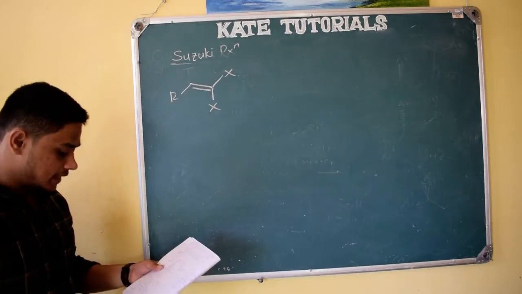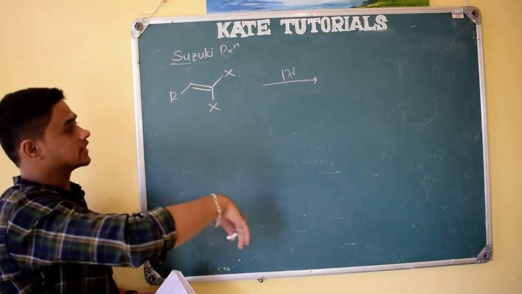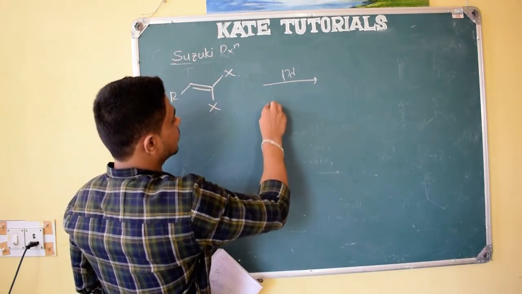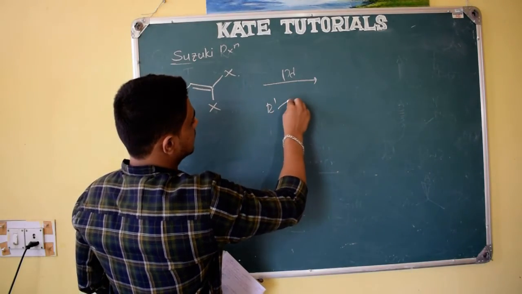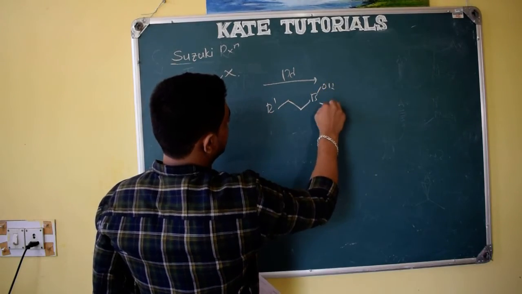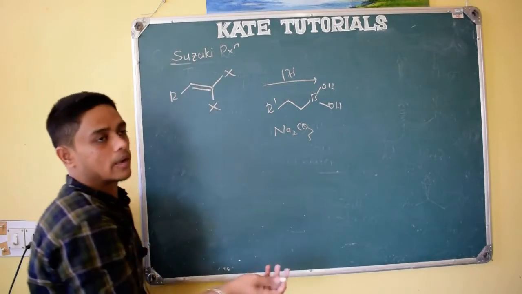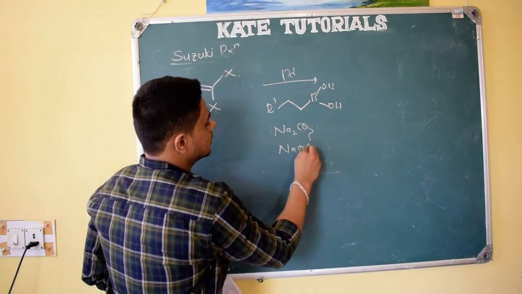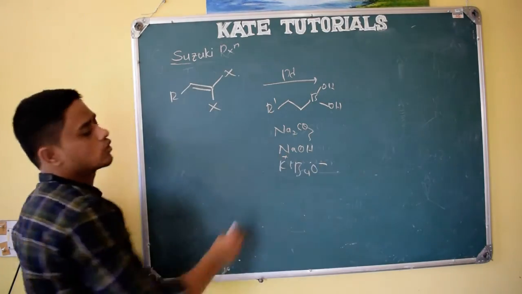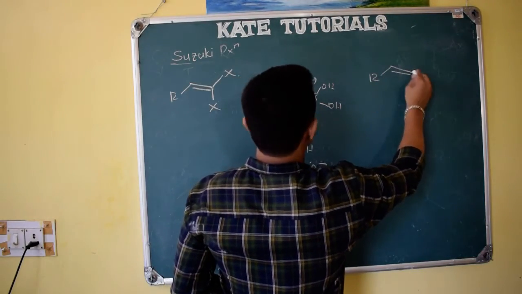So scientists observed that in presence of palladium catalyst, through the transmetallation step and everything, let me take here a compound like R dash CH2 B(OH)2, transmetallation in presence of base, any kind: Na2CO3, sodium carbonate, or NaOH, or potassium tertiary butoxide. We can use any kind of base, and they saw that only this kind of product formed.